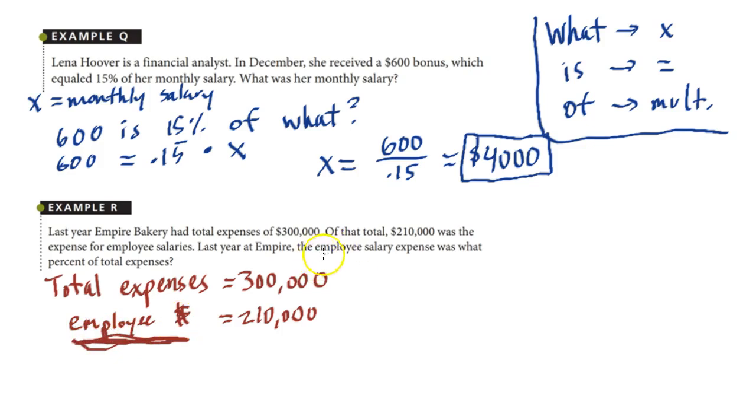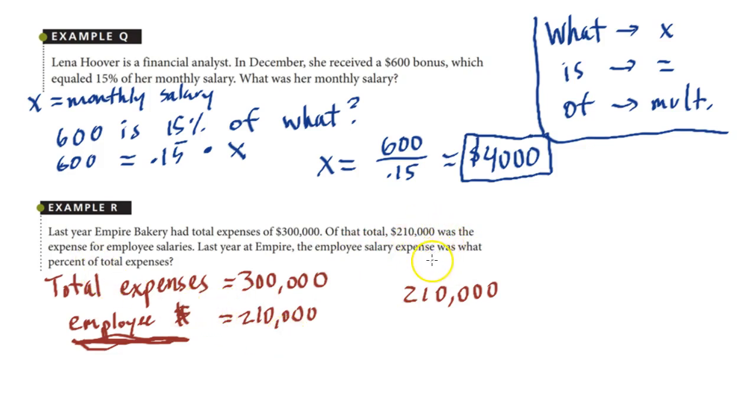We can plug that in right now. The employee salary, so that's $210,000. Going in order, the employee salary expense was what percent of total expenses? It's not actually mentioned here, but you can insert the word "is" in here. So you could read this as the employee salary expense is what percent.